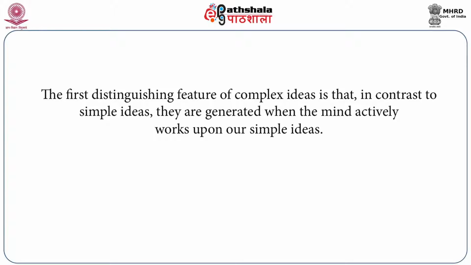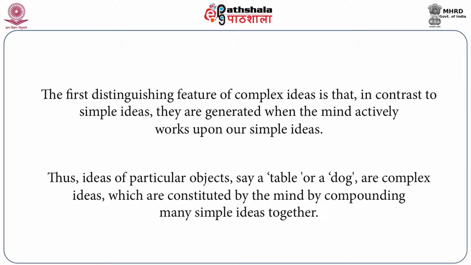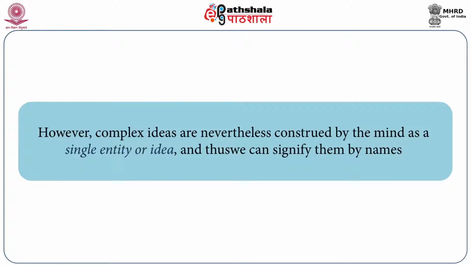Thus, the first distinguishing feature of complex ideas is that, in contrast to simple ideas, they are generated when the mind actively works upon our simple ideas. Thus, ideas of particular objects, say a table or a dog, are complex ideas which are constituted by the mind by compounding many simple ideas together. However, a complex idea is nevertheless construed by the mind as a single entity or idea, and thus we can signify it by one name.